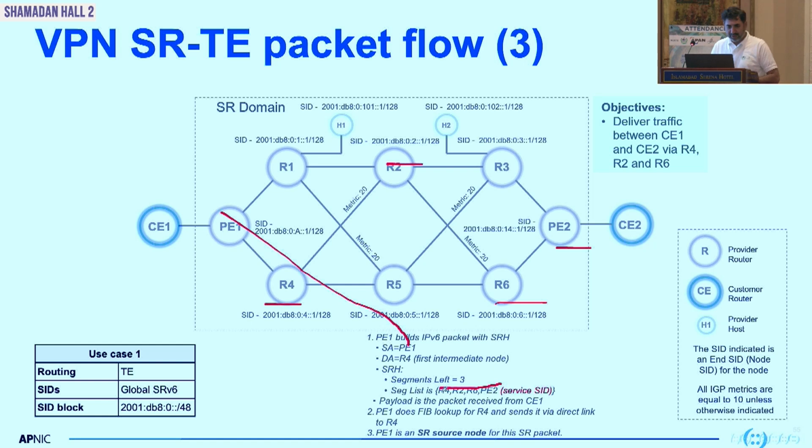We need to set the first node in the destination address, so we will put R4 in the destination address. Then P1 is going to do an IP lookup, and we also need to set the segment left field, which is equal to n-1. We have 4 nodes, so n-1 is equal to 3.